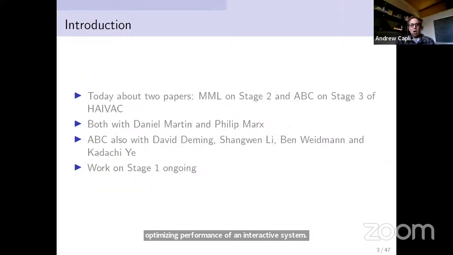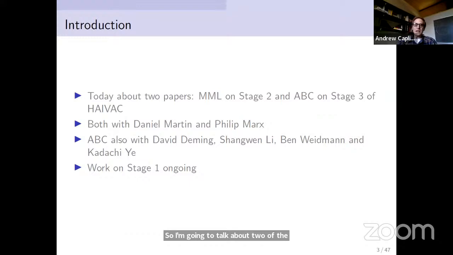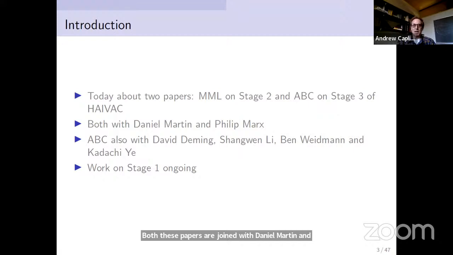So I'm going to talk about two of the stages. Modeling machine learning is really inside the machine's head, whatever that might be. ABC is on stage 3 when the machine and the human interact. Both these papers are joint with Daniel Martin and Philip Marx. ABC also with David Deming, Shangwen Li, Ben, and Kadachi.